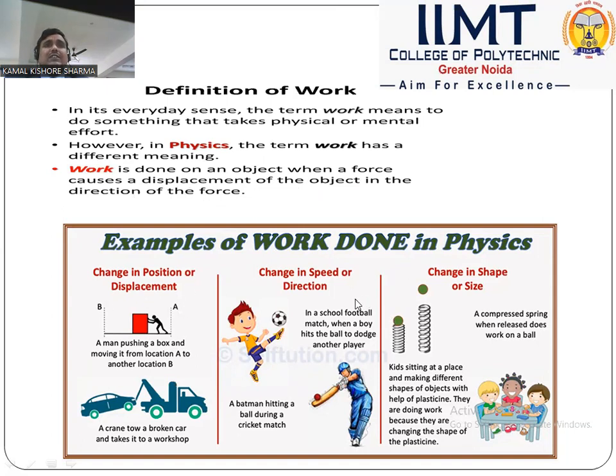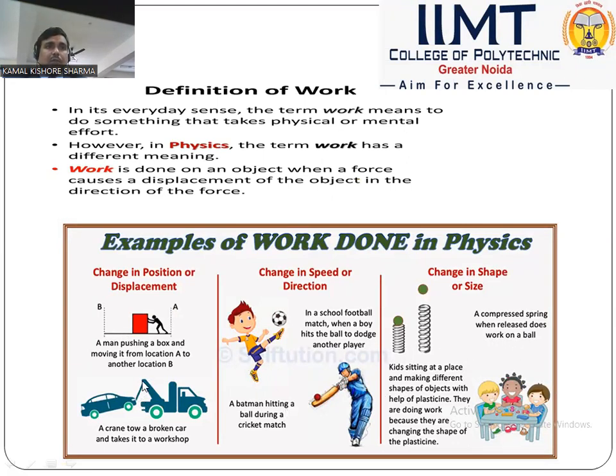There are different examples of work done in our daily life, like in a school football match when a boy hits the ball or any other player. A batsman hitting a ball during a cricket match, and a compressed spring when released does work on a ball.